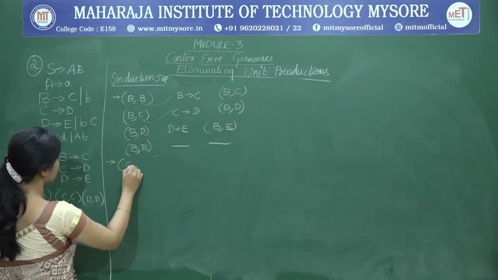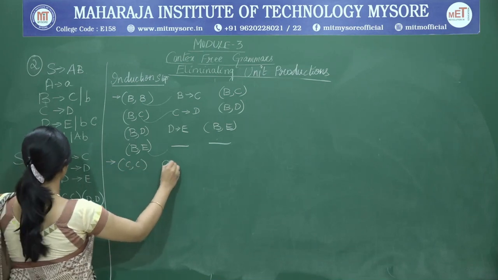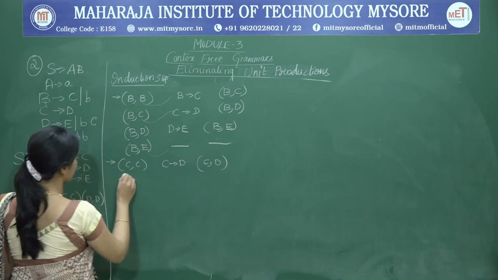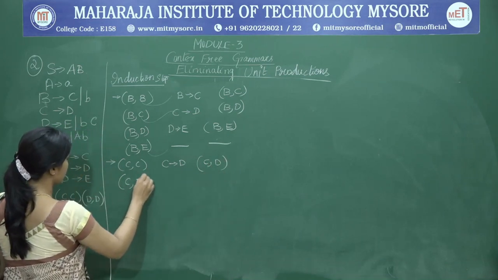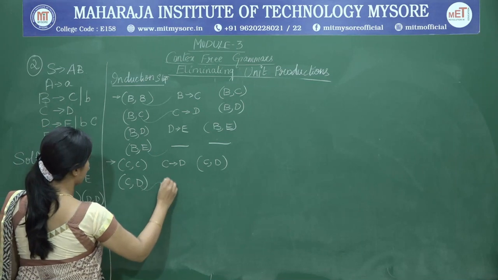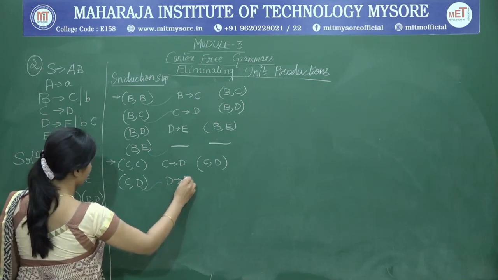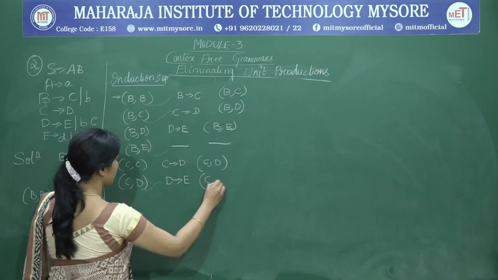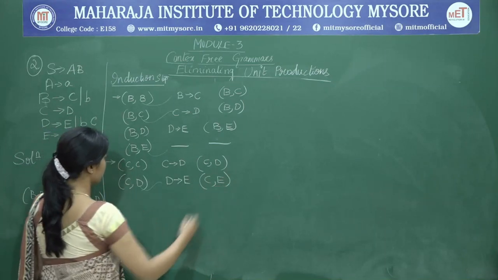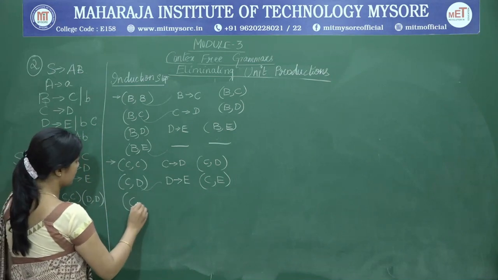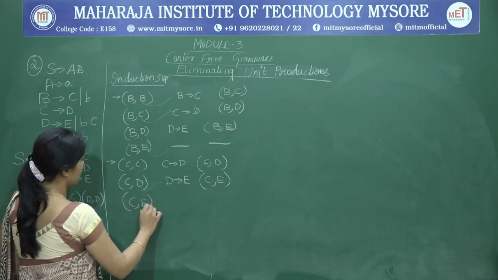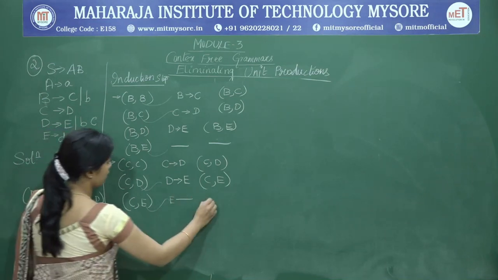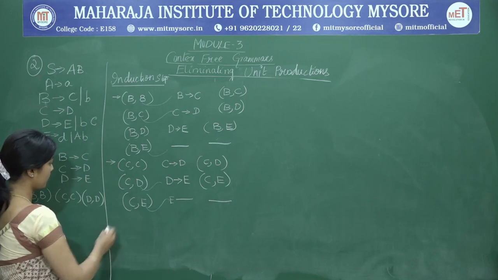Next, consider C comma C. C goes to D. Therefore, C comma D is a unit pair. So we write here C comma D. Check if D has a unit production. We have D goes to E. Therefore, C comma E is the new unit pair. Consider C comma E. E does not have any unit production, so we are going to stop.